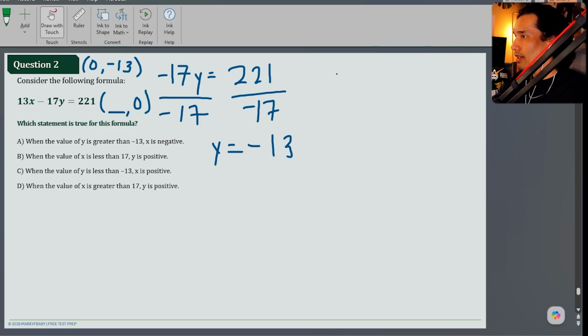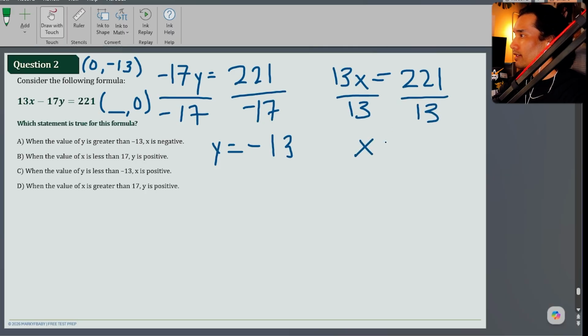So then let's go ahead and do 13x equals 221. Divide by 13. We get x is equal to 17, because this is just the opposite. Okay? So we have 17 for x.